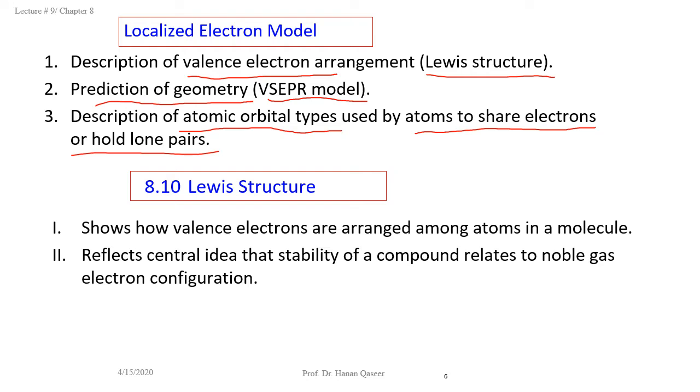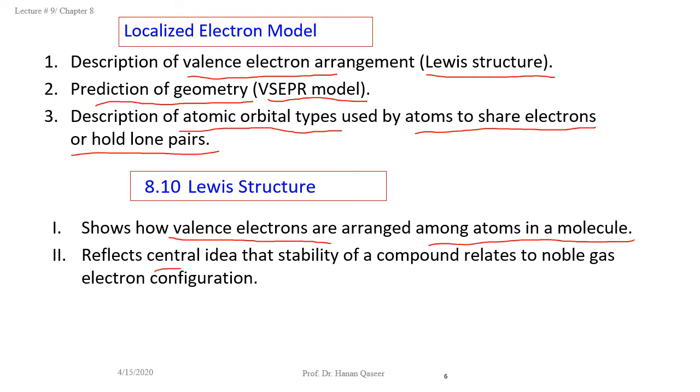نبدأ في Lewis structure اللي هو بيعطيني إشي واضح ببين لي اللي هي الفالنس إلكترون arranged among atoms in a molecule. اللويس ستراكشر بيعتمد على إلكترونات التكافؤ اللي هي ببينها في كل الذرات في تكوين المولكيولز أو الجزيء.